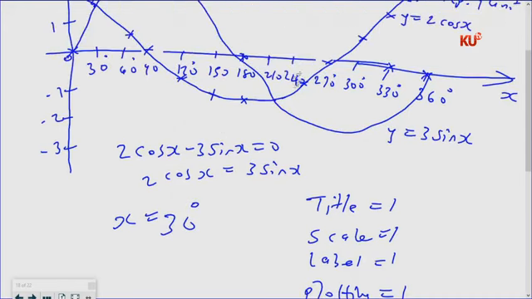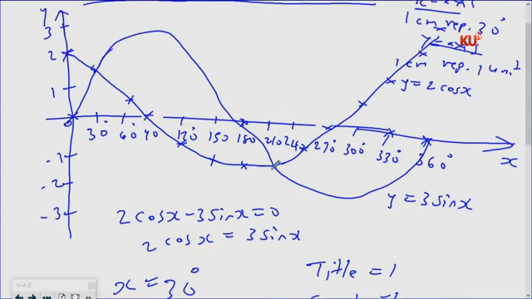Let's move to the next point where the curve is intersecting. Approximately, learner, back at home, I'm sure you have the best curve, so you have the correct value of x. Mine here, I can say it's in between.